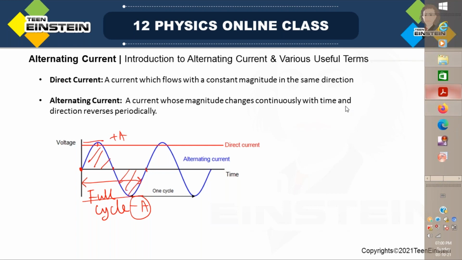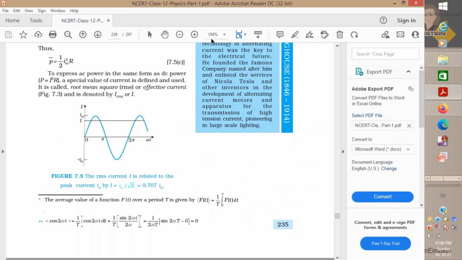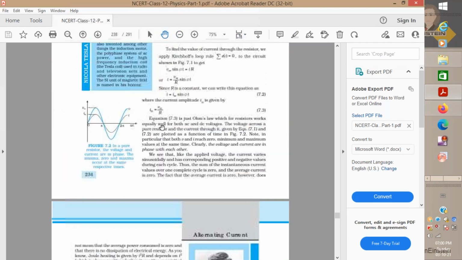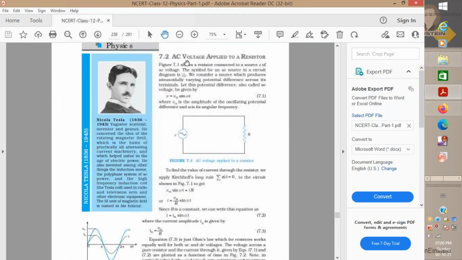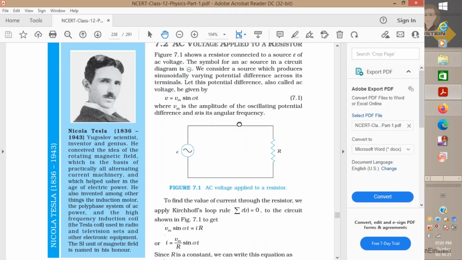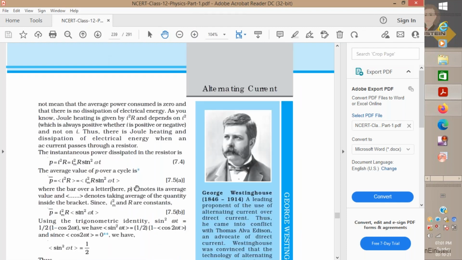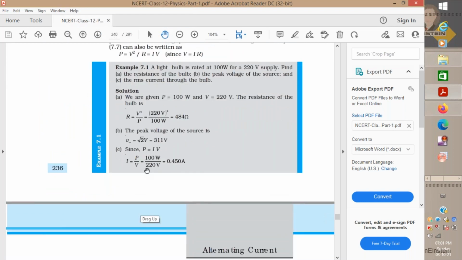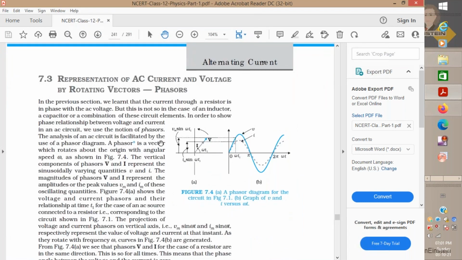I'll just show you what we have in this chapter. First, we have learned what an AC signal is. Now, if we apply this AC signal to a resistor, what happens? Then, if we apply AC signal to an inductor, what happens to the current and voltage?